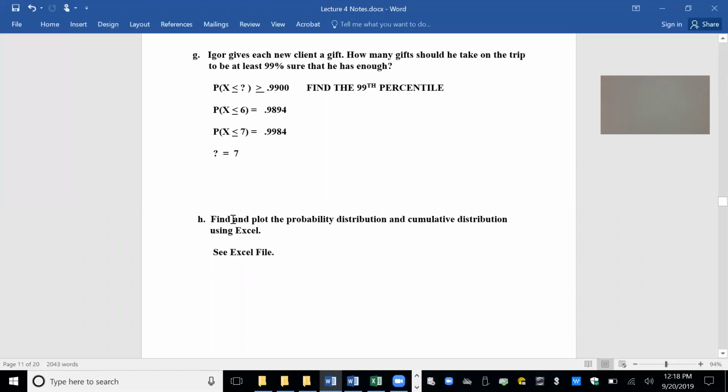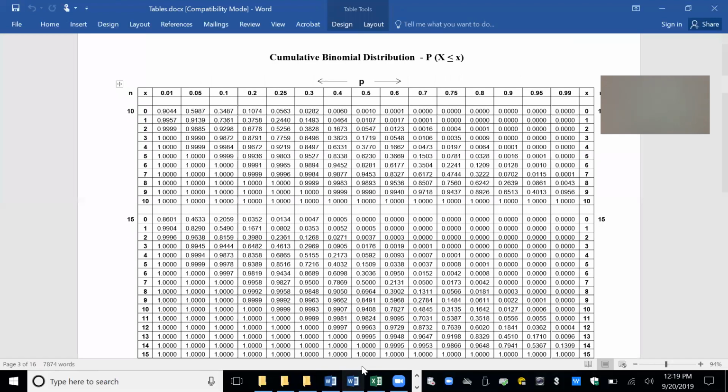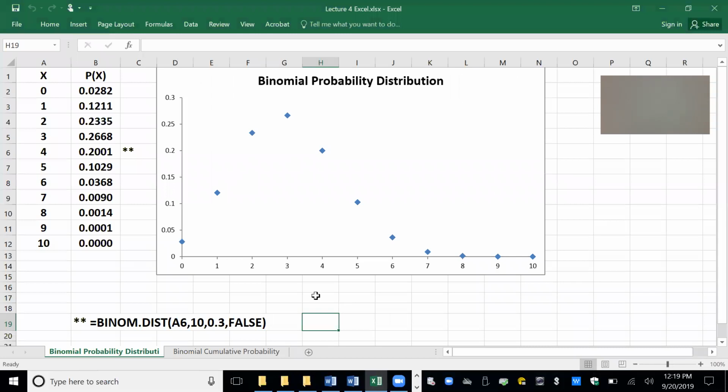And then the final part of this question says to go into Excel and, using one of the embedded functions in Excel, plot the probability distribution for the binomial. Okay. So if you go into Excel, here I put the values that the random variable can take on in my column here, 0 through 10.